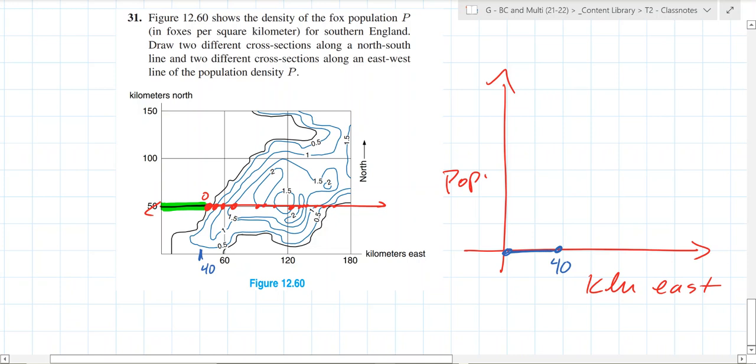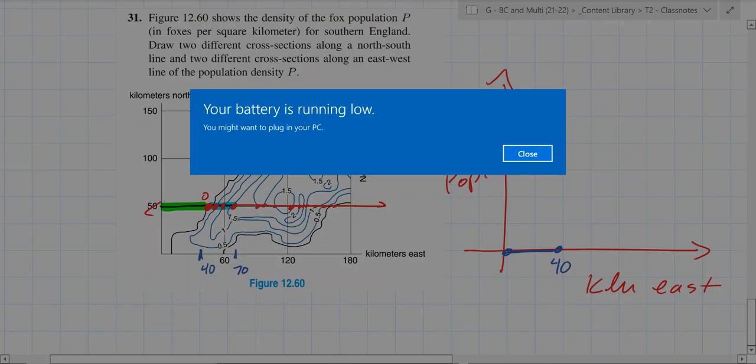And then what happens all the way to about, let's say 70? Is it increasing or decreasing along the blue right here? It looks like it's increasing pretty steadily too, right? Pretty constantly. It goes from 0.5 to 1 to 1.5.